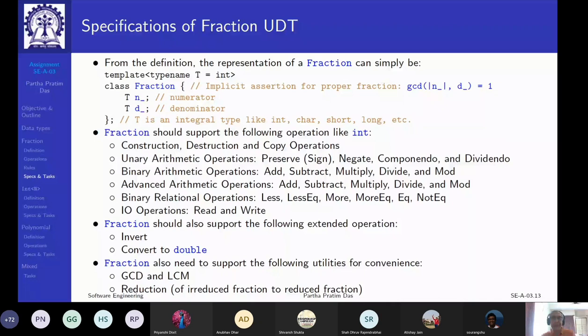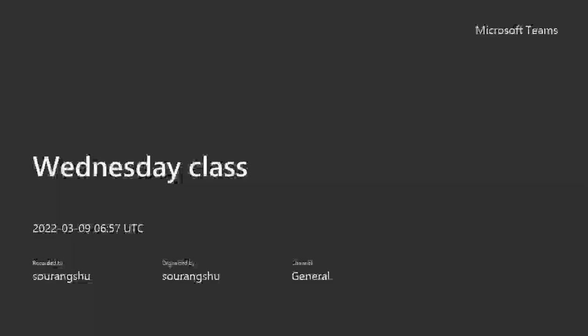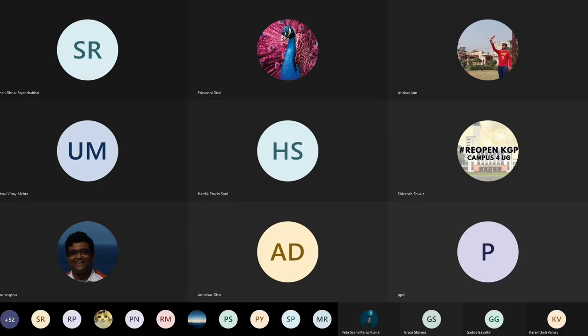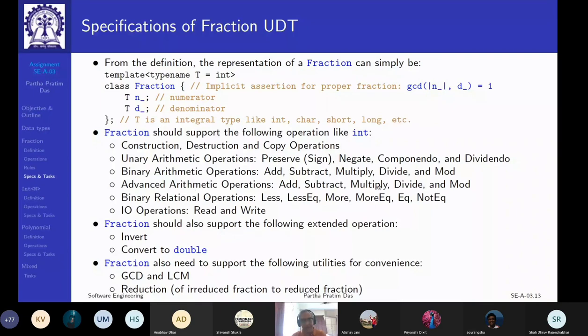Right? So I parameterize that with T. Operations like minus equal to and so on, I should be able to do with fraction, because I can do them with int. I should be able to compare two fractions, less equal, all of that. And I should be able to do read write IO operations. Okay? So this is the broad specification, one in terms of the data representation, and one in terms of the operations that I can do.